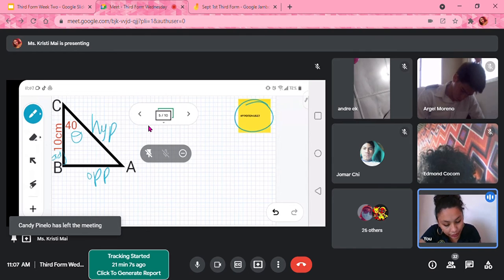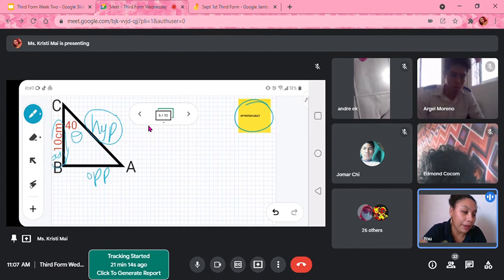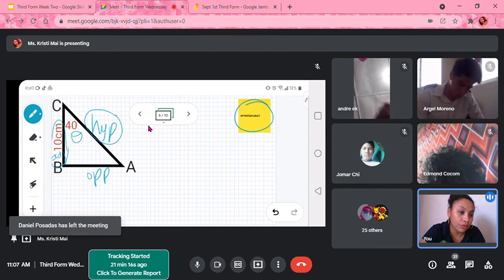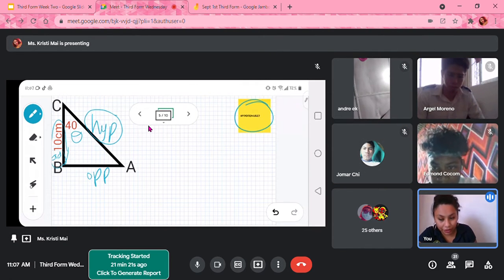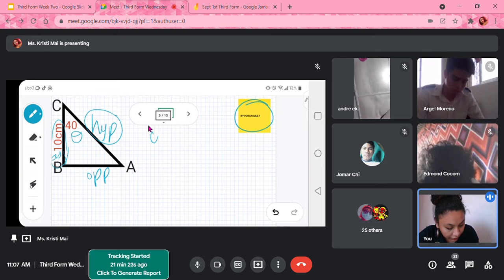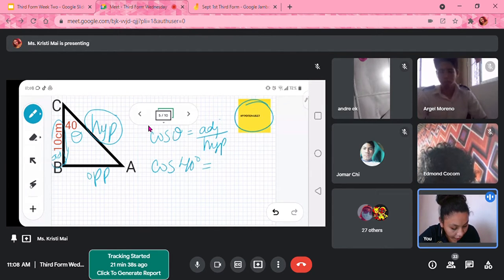Alright, now in this case, I am given the adjacent right here, and I have to look for the hypotenuse. So which formula am I using? Cosine, miss? Cosine, very good. So I'm using cosine of theta is equal to adjacent over hypotenuse, right? I substitute cosine of 40 degrees is equal to 10 over the hypotenuse.